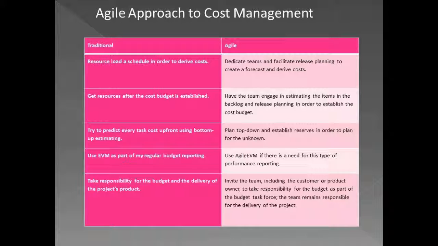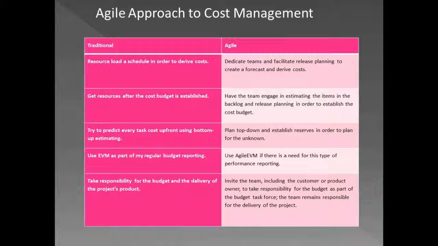For the schedule baseline, the total number of planned iterations for an agile release could be called the schedule baseline. And then we have the budget, whatever we have planned, similar to what we do in a traditional earned value methodology.